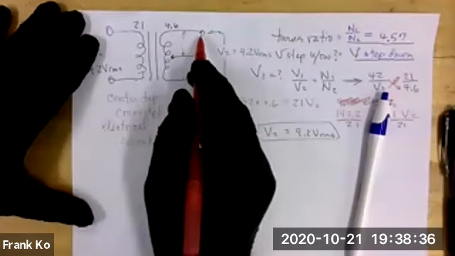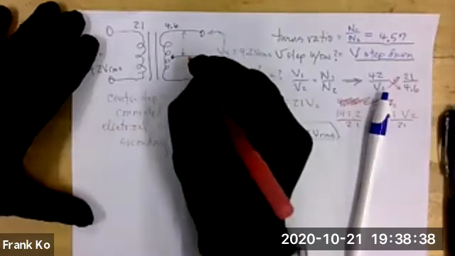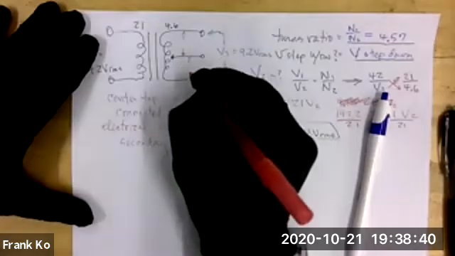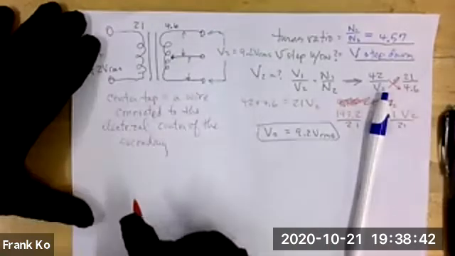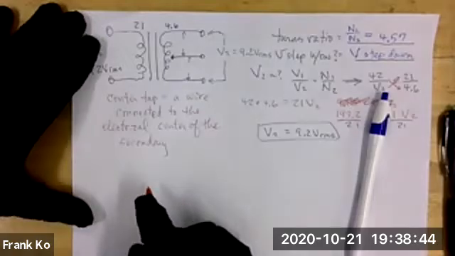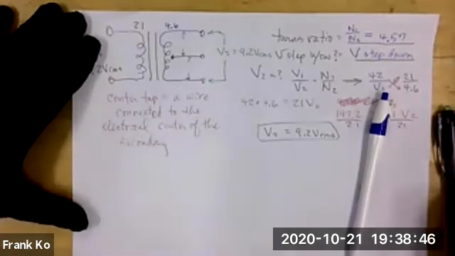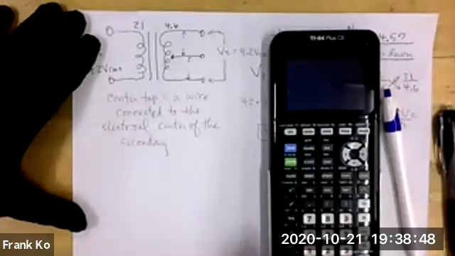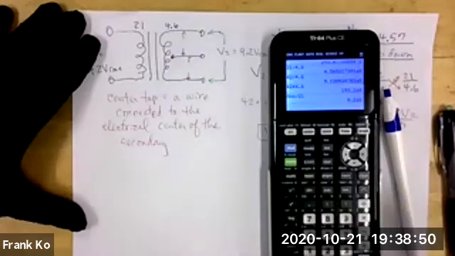What's going to be between here and here compared to the value between here and here? Half. Right, that's what your center tap will do. So it'll be 4.6, yes?